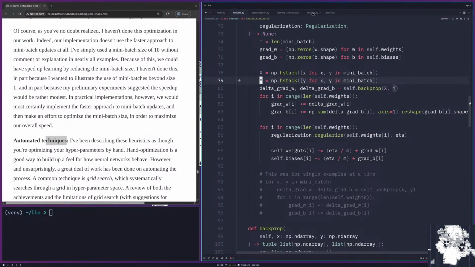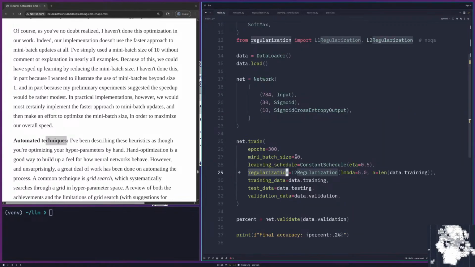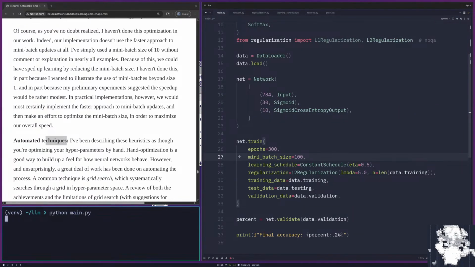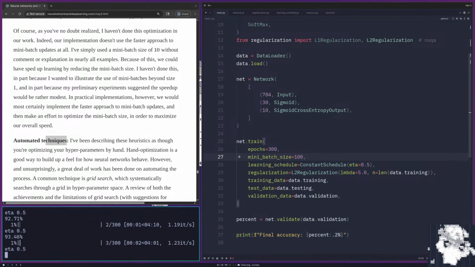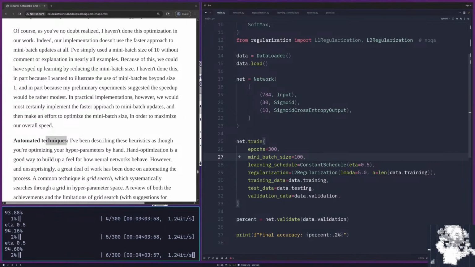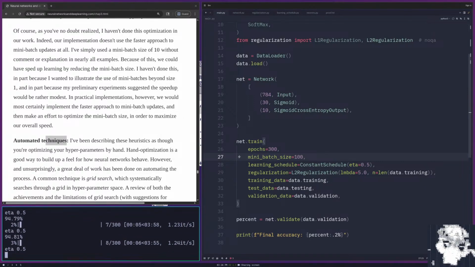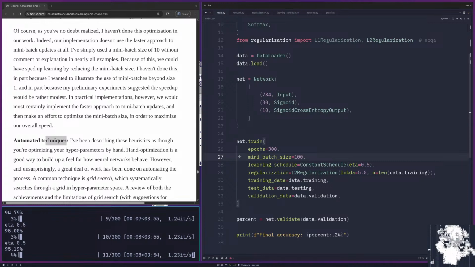So, what mini batch size works best for me? I haven't tried varying it. What if it's 100 instead of 10? We've been doing about 1 epoch per second. So this is 1.2 epochs per second, but in theory, the learning is slower now.